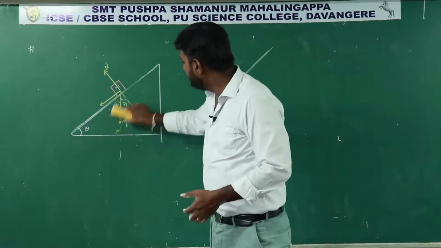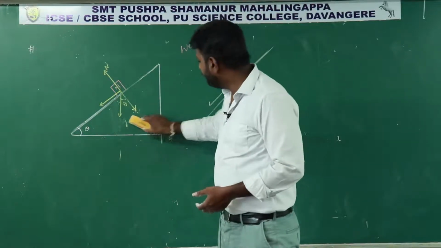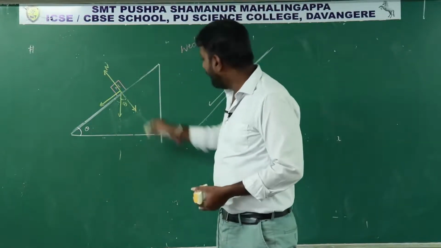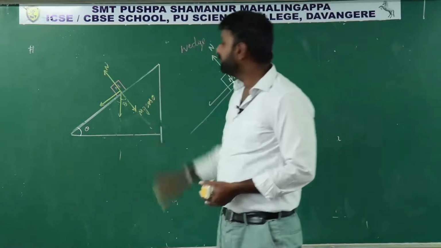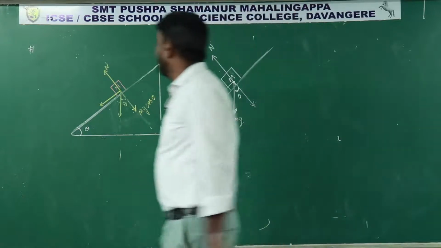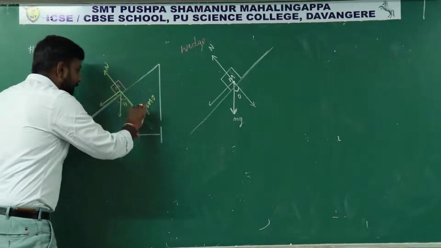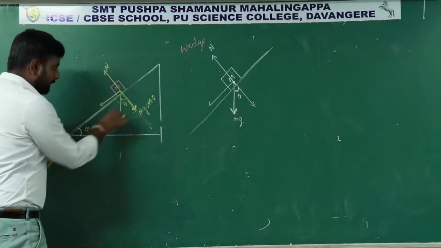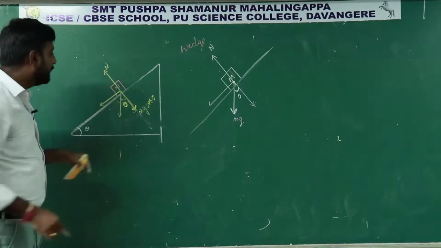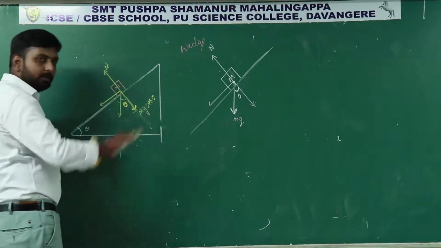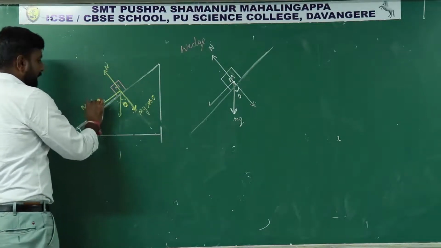And the theta side is always the cos component, mg cos theta. So this is mg cos theta, and the other component is mg sin theta.